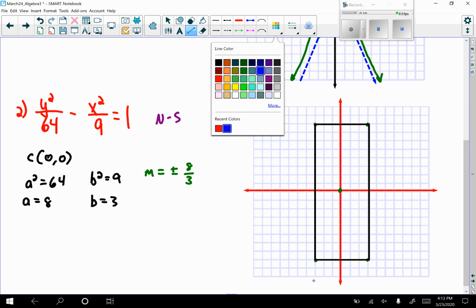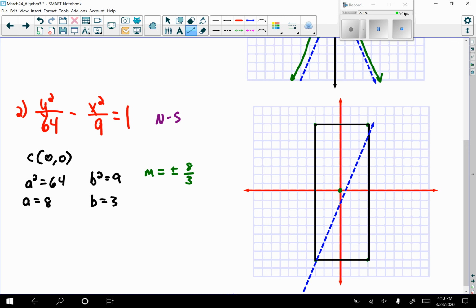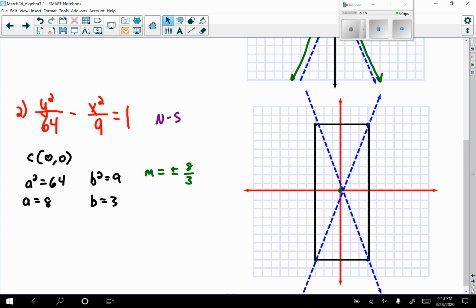Because this will be north-south, it is going to run a little bit off of our coordinate plane. All right, so here are the asymptotes. Best we can get them.